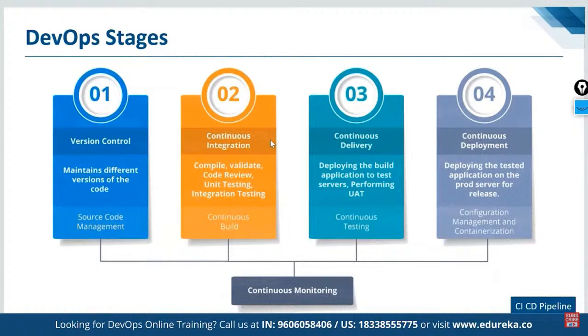And as an extension of the continuous integration pipeline, you can deploy in any of the environments using CD principles, delivery or deployment. There are other small things as well, like continuous testing. You have to continuously do your testing, configuration management is there, containerization is there, a lot of things are there.